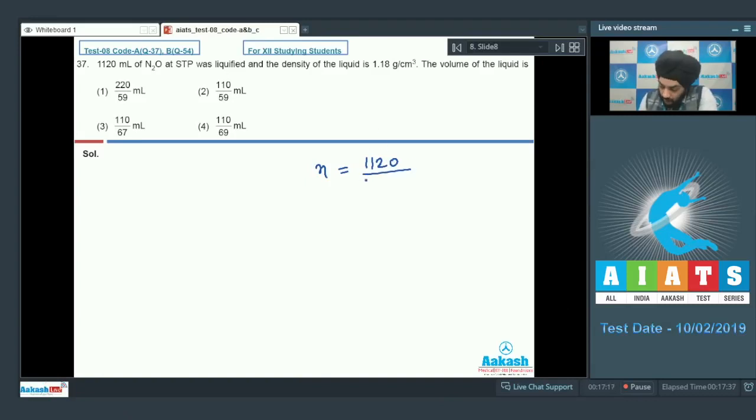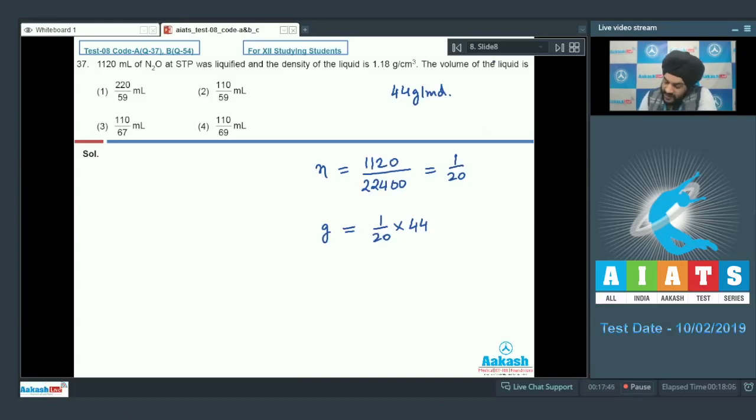At STP the molar volume is 22400 ml, so this will come out to be 1 upon 20. The grams of N2O shall be equal to the moles into the molar mass. The molar mass of N2O is 44 gram per mole, so we multiply the moles with the molar mass to get the total mass.